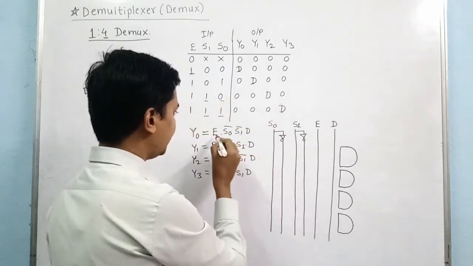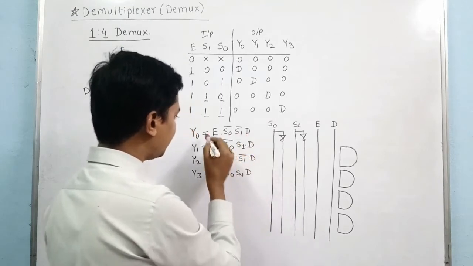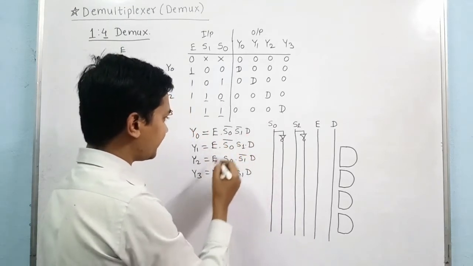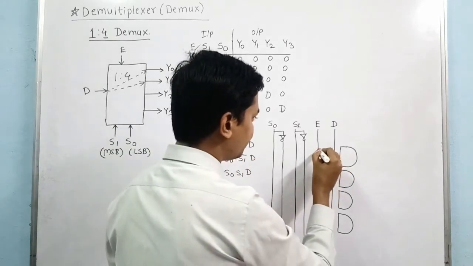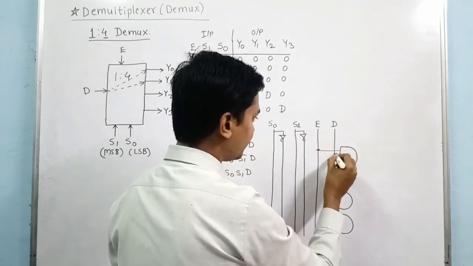All the AND gates have E and D common, so I will first connect E and D.